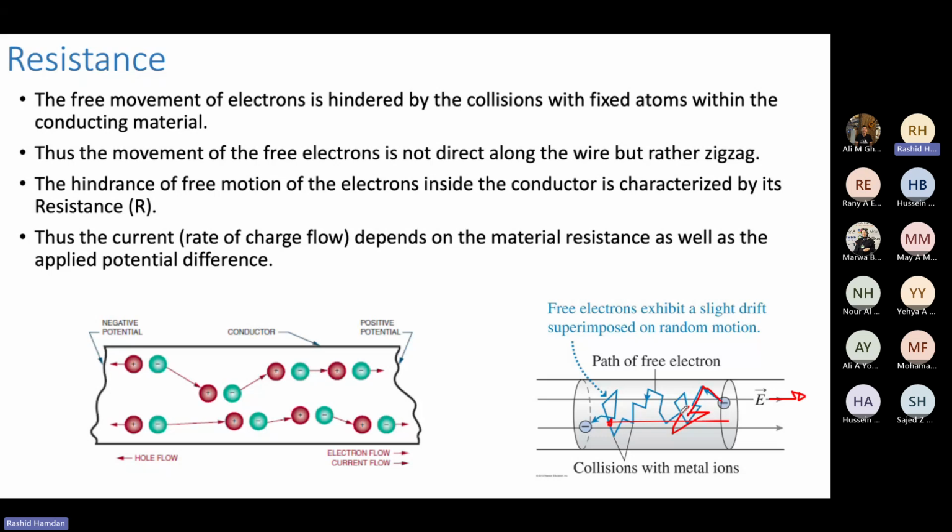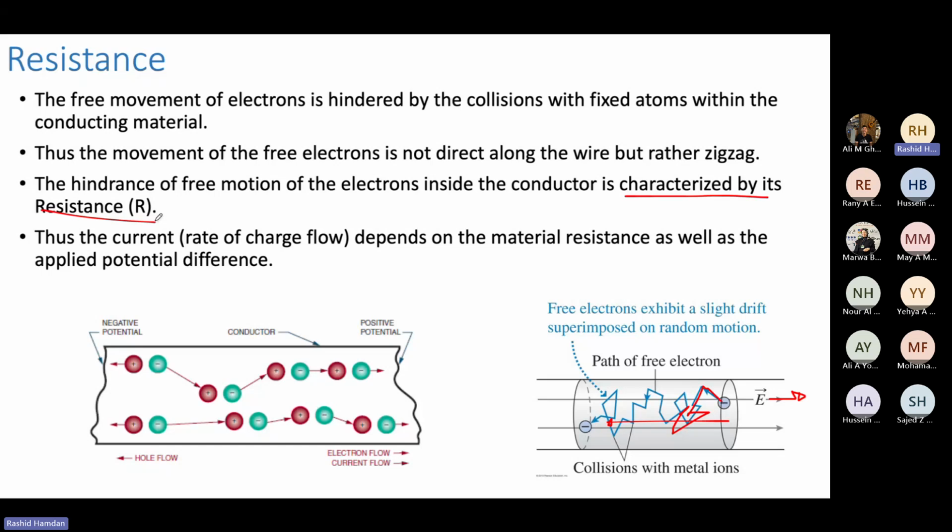I want to look at the total charge, the current that is flowing through the circuit, and relate that to the voltage that I am applying on this piece of material, the voltage difference between points A and B. So this hindrance of motion, I can characterize it by what I call the resistance of the material or this semiconductor piece. The resistance kind of groups all these interactions that these particles have inside.